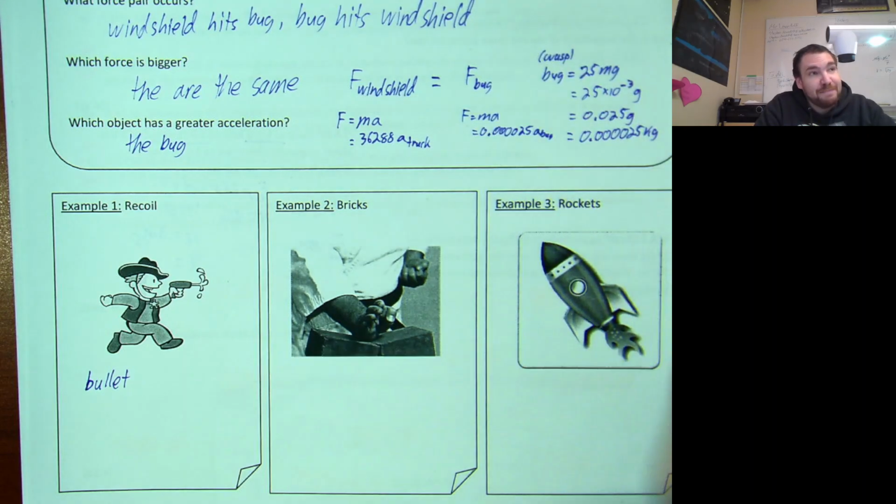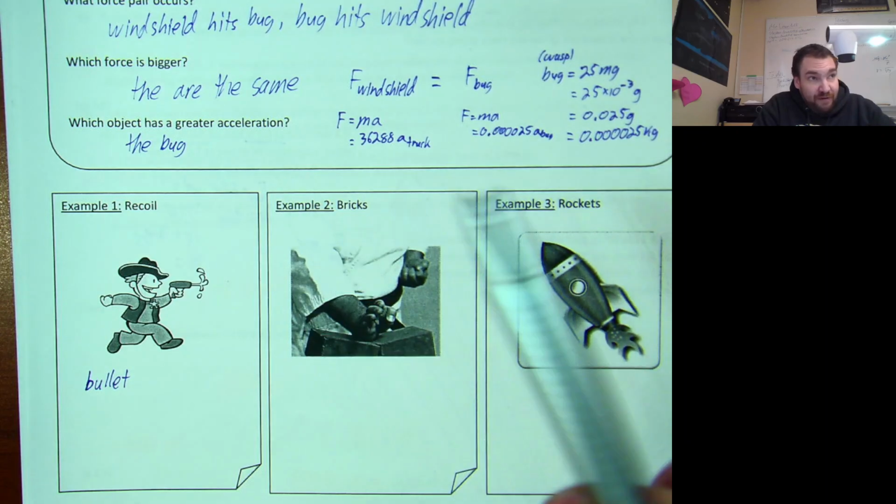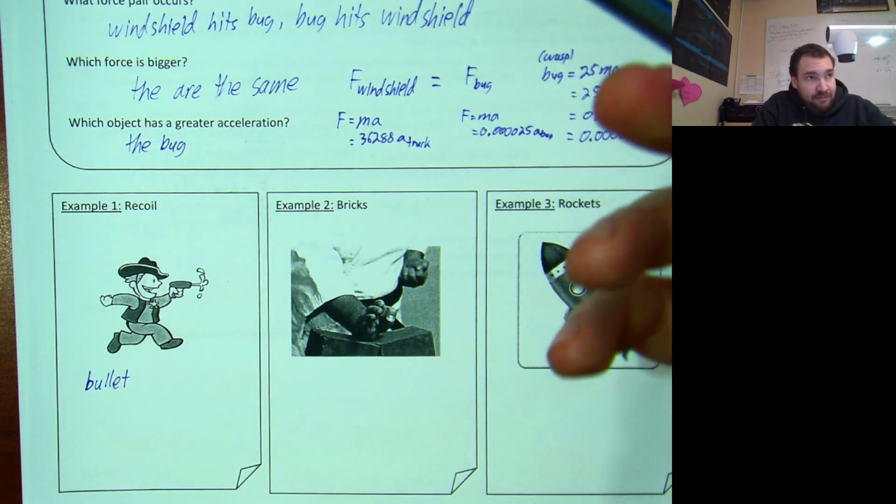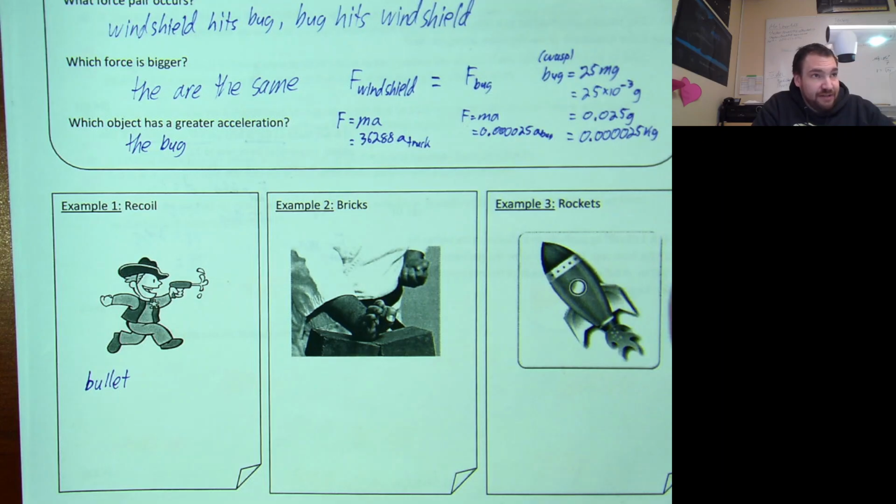In order for the bullet to be moving forward, it has to be pushing against something. In this case, what it's pushing against is an expanding cloud of gas, because the gunpowder ignites, and that's what's causing the bullet to fly forward.